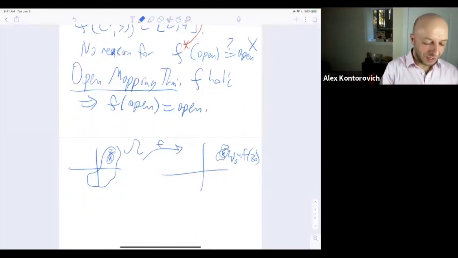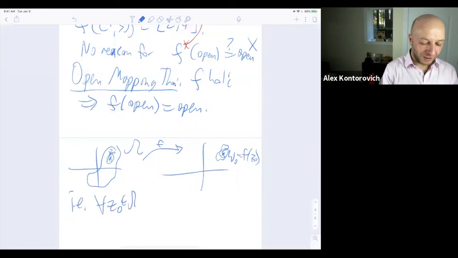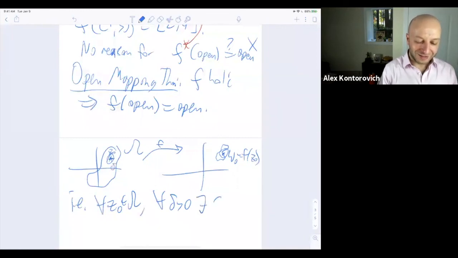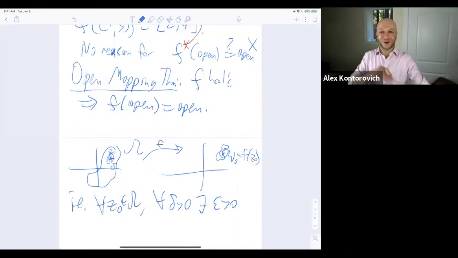It's kind of funny. It's the reverse of for all epsilon there exists a delta. So what are we trying to say? For all z in omega, and for all delta bigger than 0, so for every little ball around Z0, there exists an epsilon positive. We're so used to for all epsilon there exists a delta, which of course is continuity.